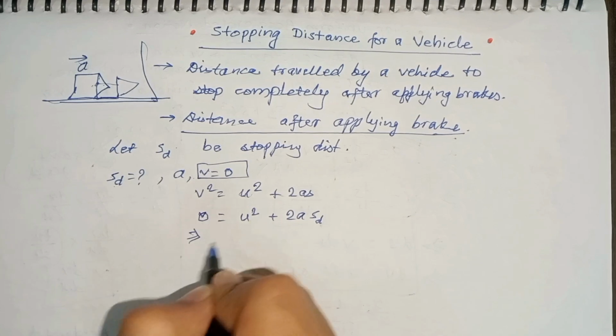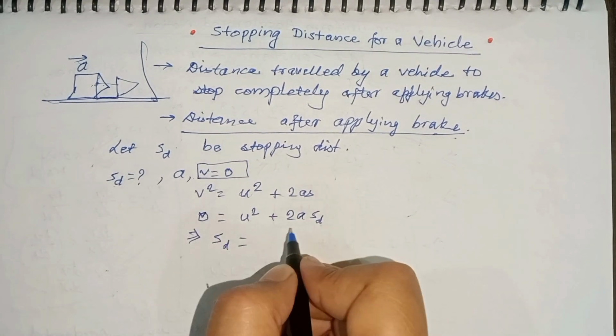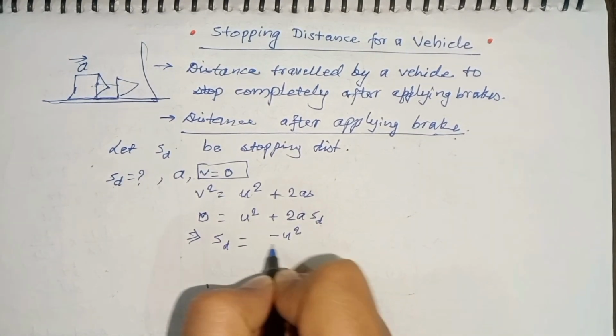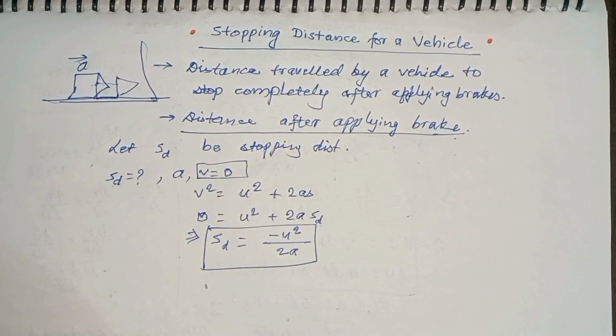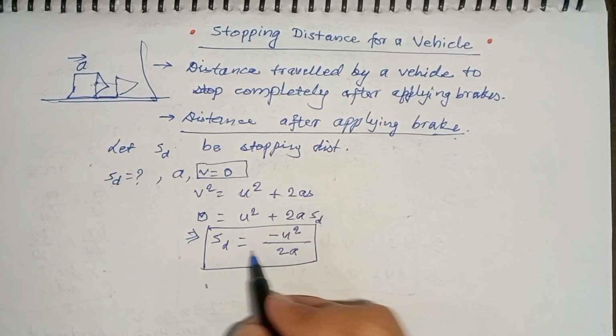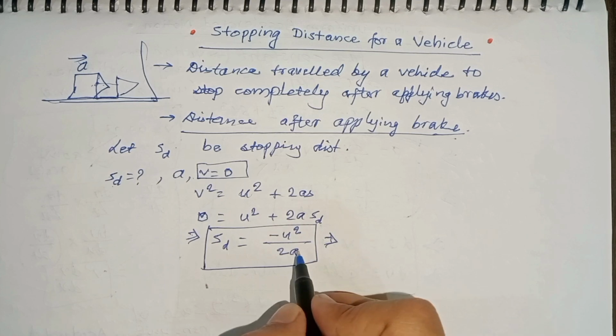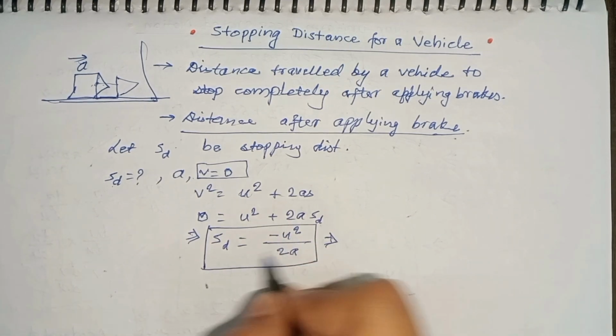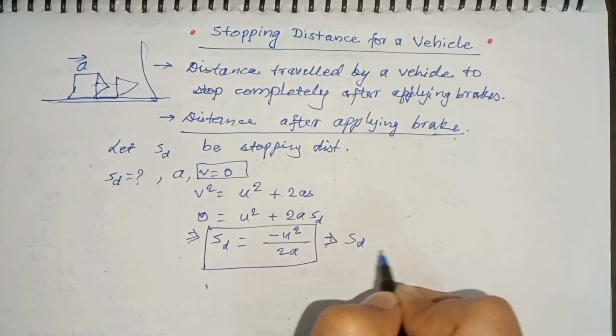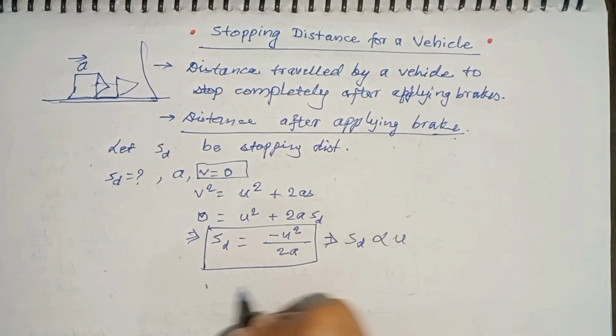Then SD will be minus u square by 2a. On solving, it comes to minus u square by 2a. This is the formula for the stopping distance, and it means the stopping distance is directly proportional to the square of the initial velocity.